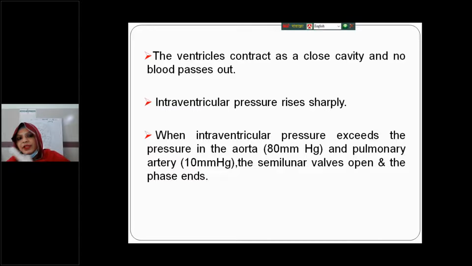So the AV valve is suddenly closed, and the semilunar valve has not opened yet. So these two doors are closed, and the ventricle contracts in a closed cavity. So intraventricular pressure rises sharply, and you have to open the semilunar valve. Otherwise, blood will not be pushed towards the pulmonary artery and aorta.